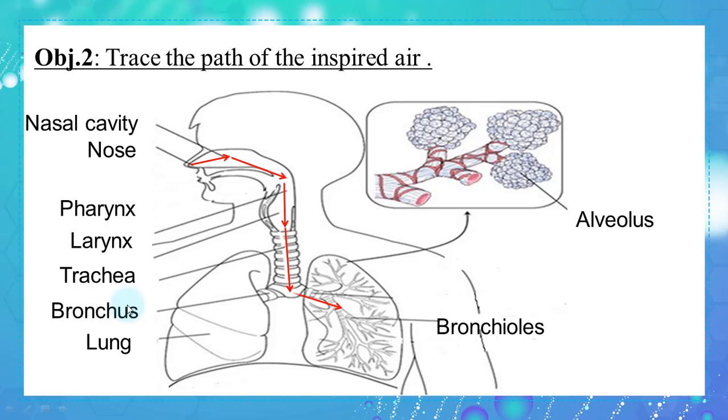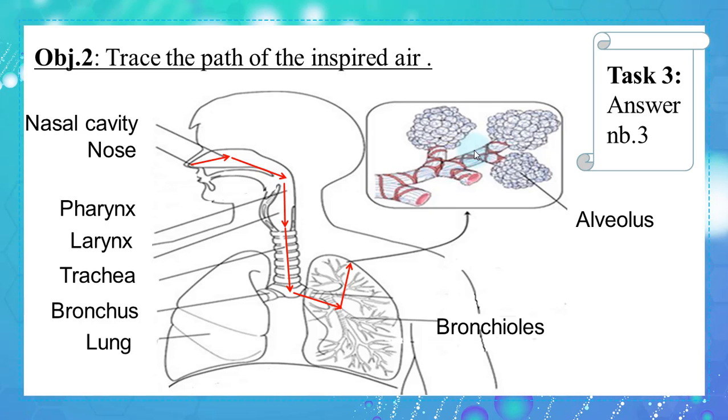From the bronchus to the bronchioles, till it finally reaches the alveoli. So this is how the inspired air or the inhaled air can enter our body through different respiratory organs, starting from the nose till it reaches the alveoli.